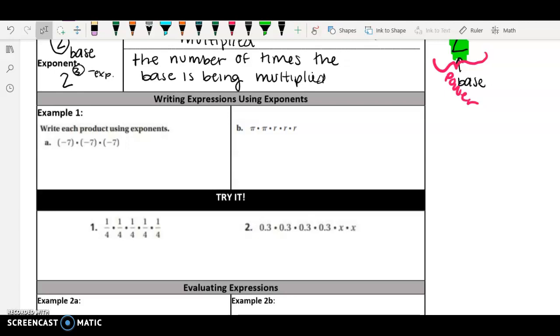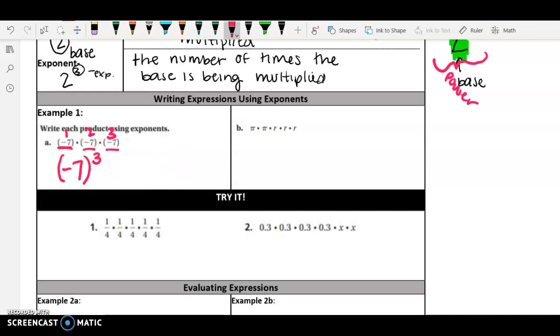If they're the exact same, which we have -7 3 times, then we have -7, which we need to put in parentheses, to the third power, because there's 1, 2, 3 -7s. You can't just write it as -7 to the third. Whenever there's a negative involved, we always include the negative.